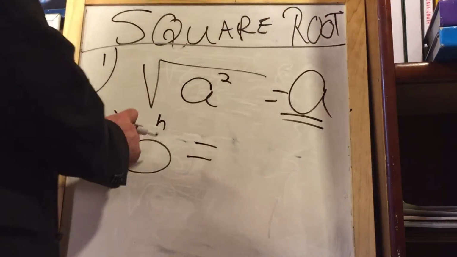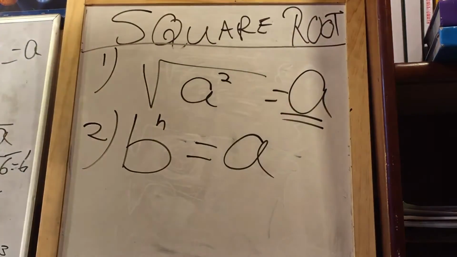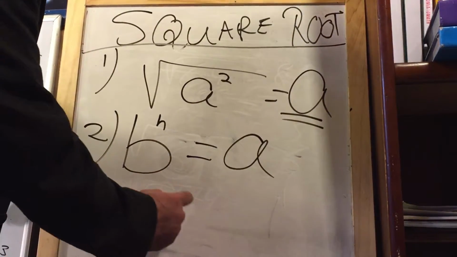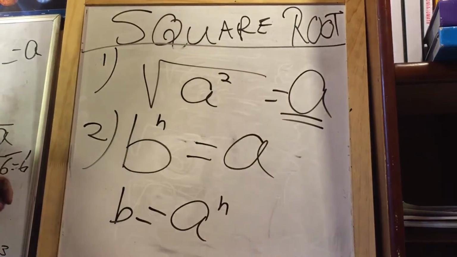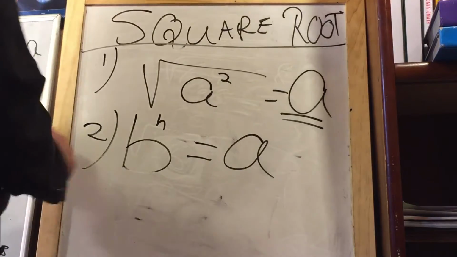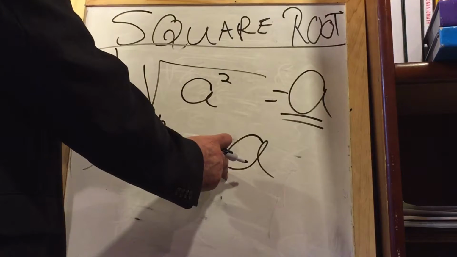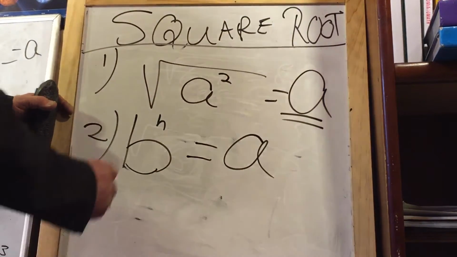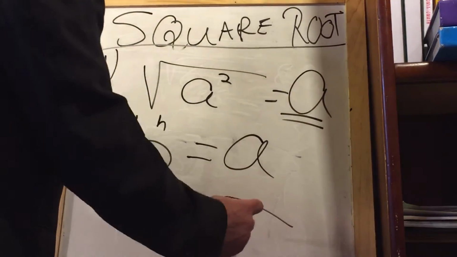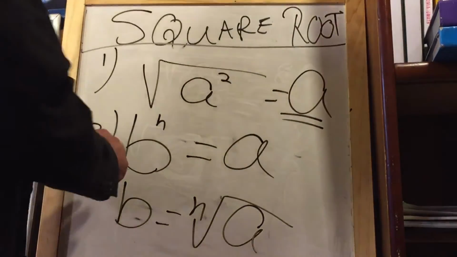If b exponent n equals a, so b is the nth root of a. That's what I'm trying to say. Nth root of a. Okay, this is another rule.